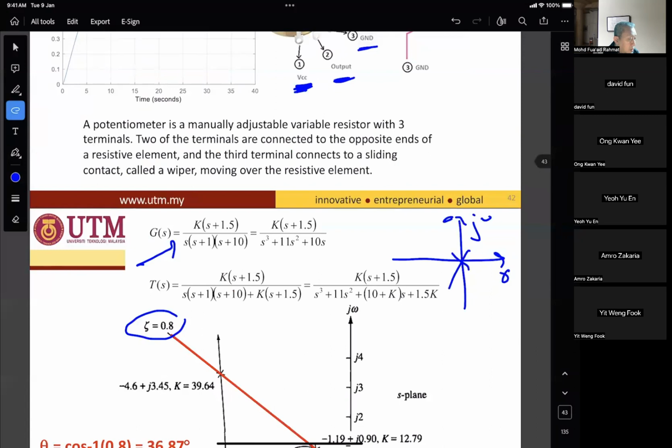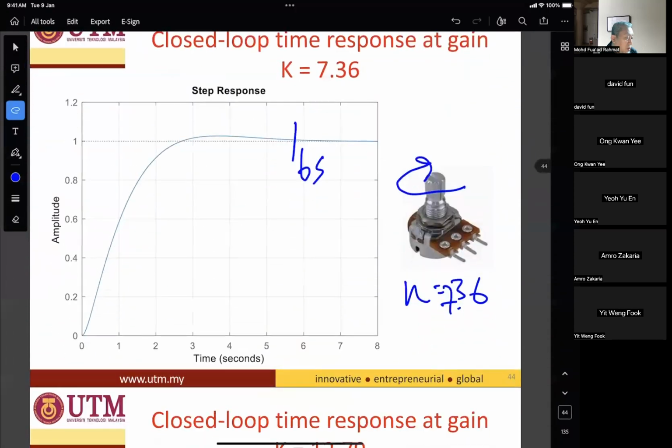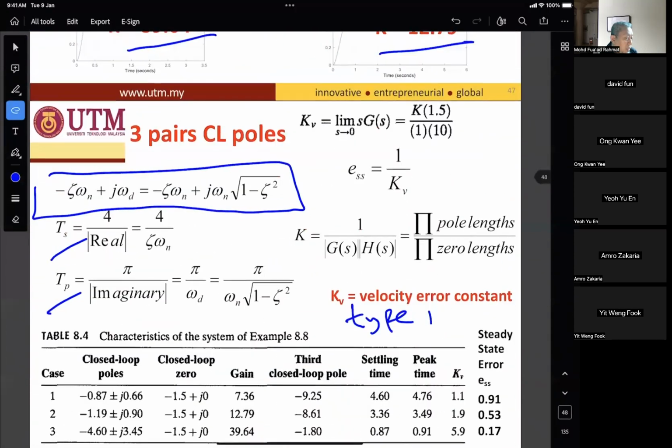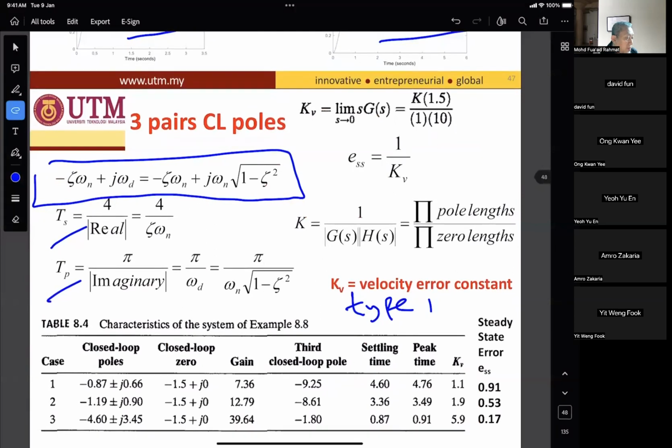One over here, one over here at minus 1, and one over here at minus 10. And the zero is over here, near minus 1.